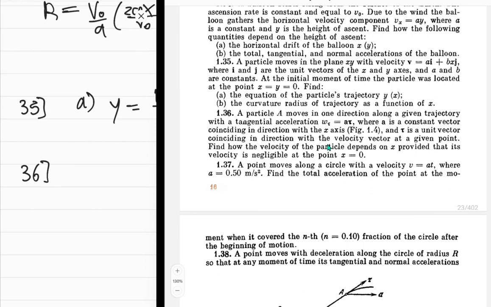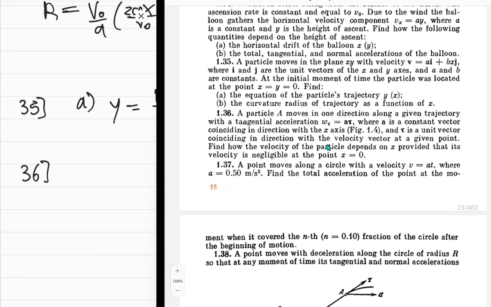Wow. Find how the velocity of the particle depends on x, provided its velocity is negligible at the point x equal to 0. So first of all, it's tangential acceleration as a number, I mean as a quantity, not as a vector.